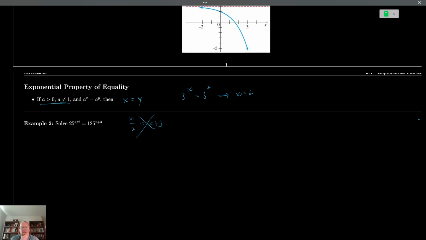It certainly helps if you can quickly think of what number you can raise to an exponent and get 25 or 125. In this case, obviously 5 squared is 25 and 5 cubed is 125. So if you can do those quickly, it helps. And they're not going to be big numbers. We're not going to have huge numbers in these equations.